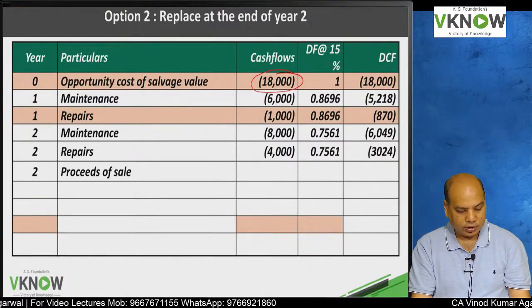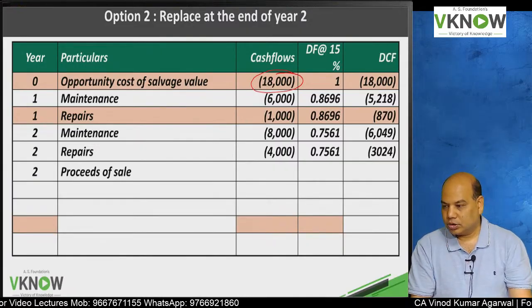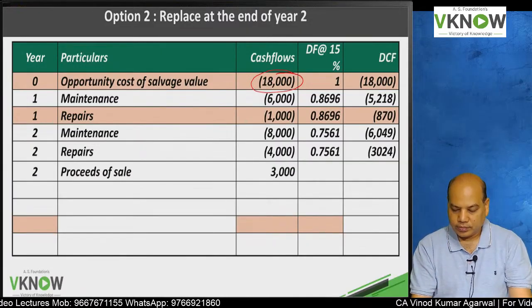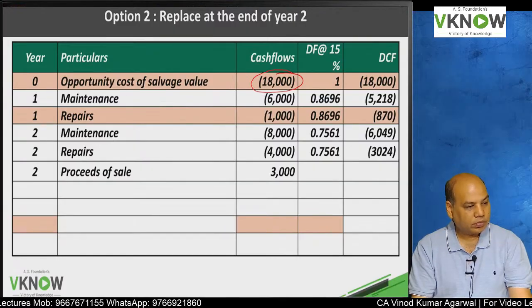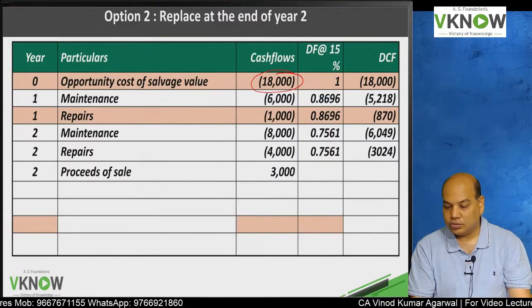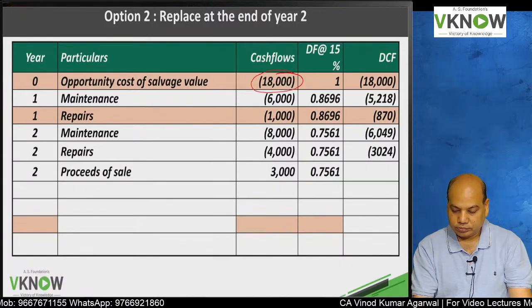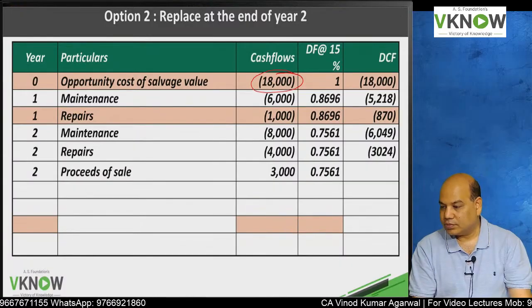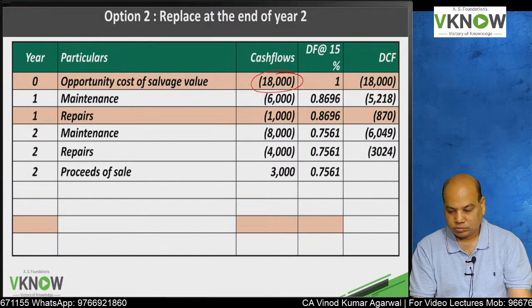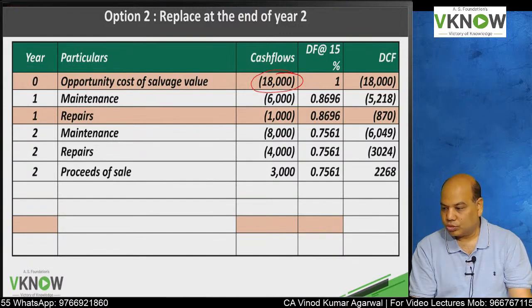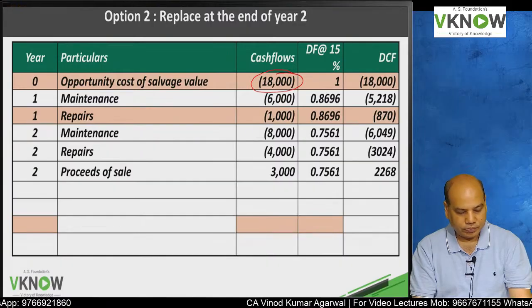Now you take scrap value 3,000, factor 0.7561, which is 2268.